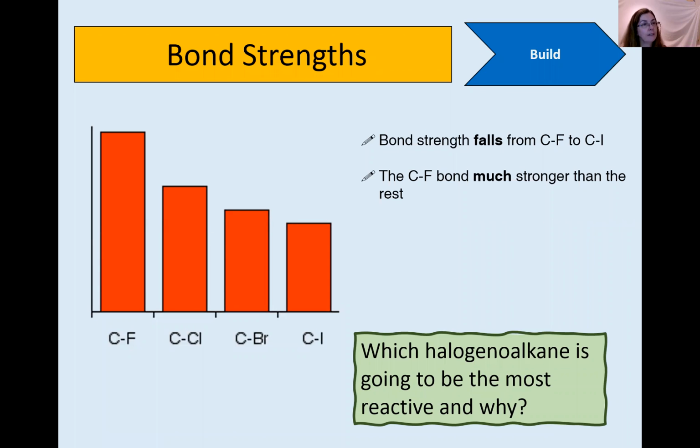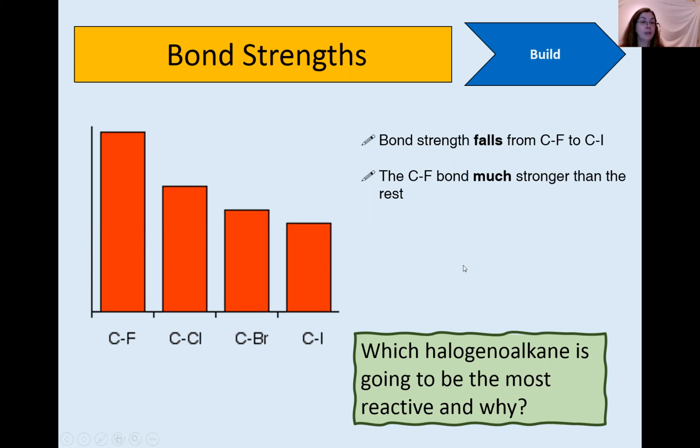So that's suggesting that the carbon fluorine bond is much stronger. Well, it is much stronger, but much stronger by a bit. You can see that the bond strength is just falling off a little bit between chlorine and bromine and iodine, but it falls off quite a lot between carbon and fluorine. So that is because it's a very strong bond.